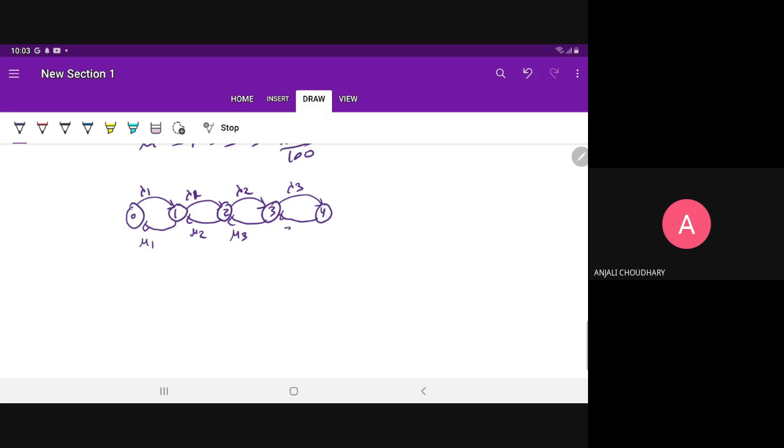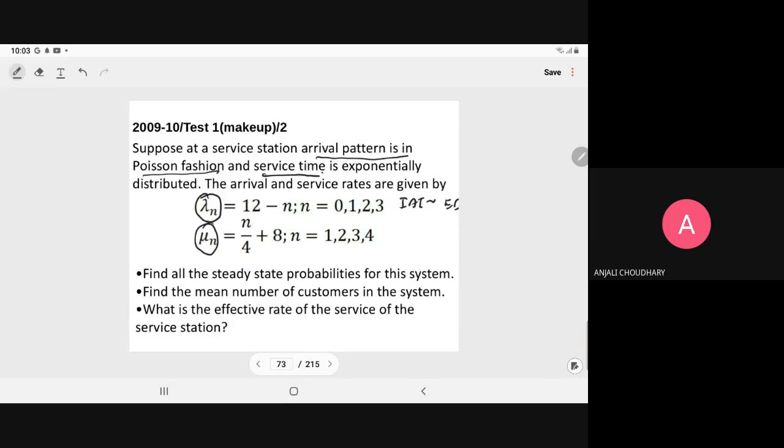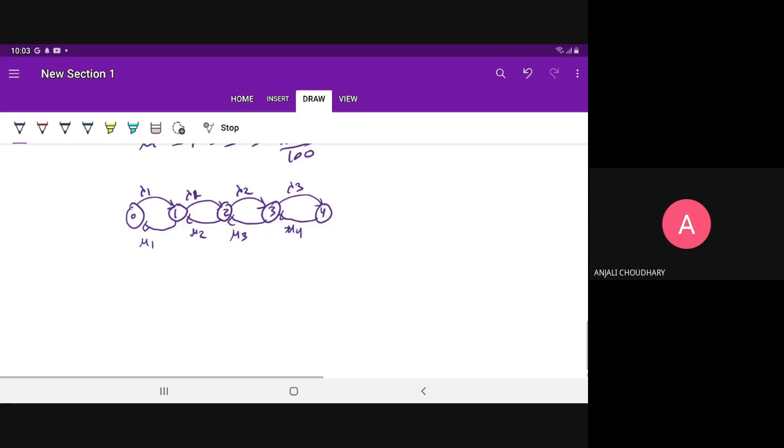It is given to you that lambda n is 12 minus n. So this becomes 12 minus 0, 12 minus 1, 12 minus 2, and 12 minus 3. After that all are 0, so there is no need to make notes.